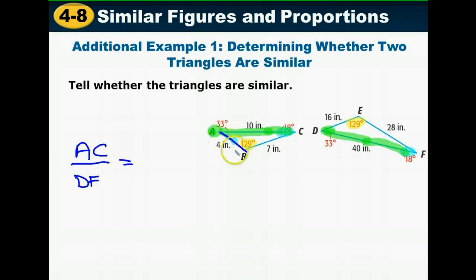Now we have segment AB will correspond to segment DE. So if we look again, AB will correspond to DE. And then this one, BC, will correspond to EF.